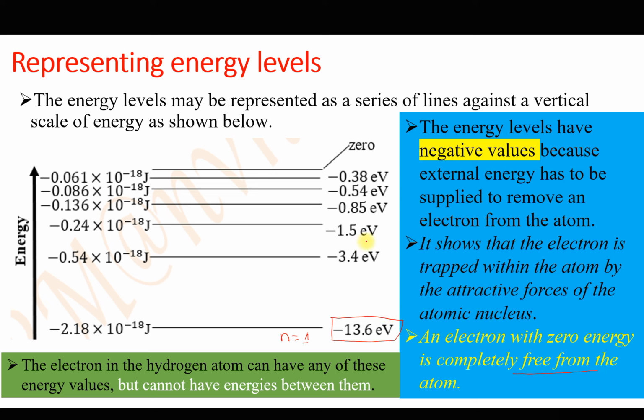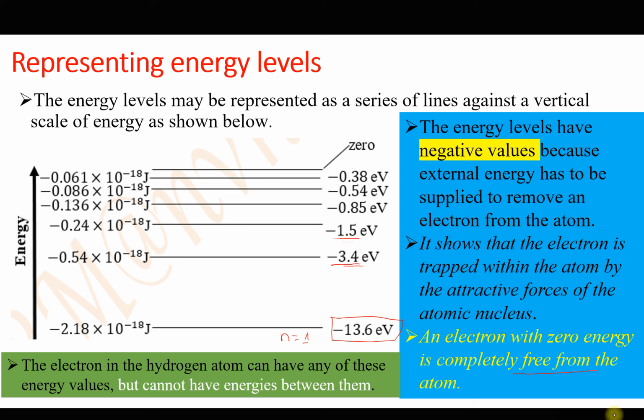But an electron in an atom cannot have energies between, say, minus 3.4 and minus 1.5. So we say electrons only occupy specific energy levels, or the energy of the electrons in an atom is discrete, just specific.